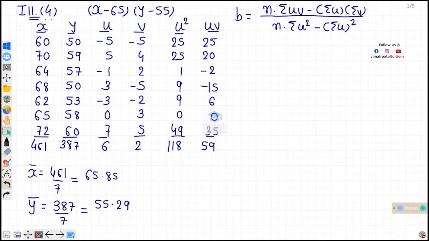So there will be no cy, no cx. Class length of x and class length of y is not there. So we won't add this stuff. We will put this formula simply. So 7 sigma 59.